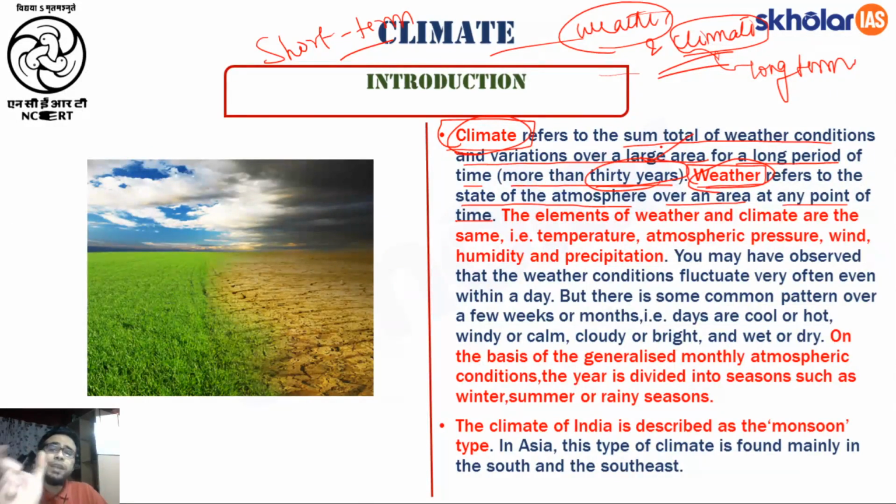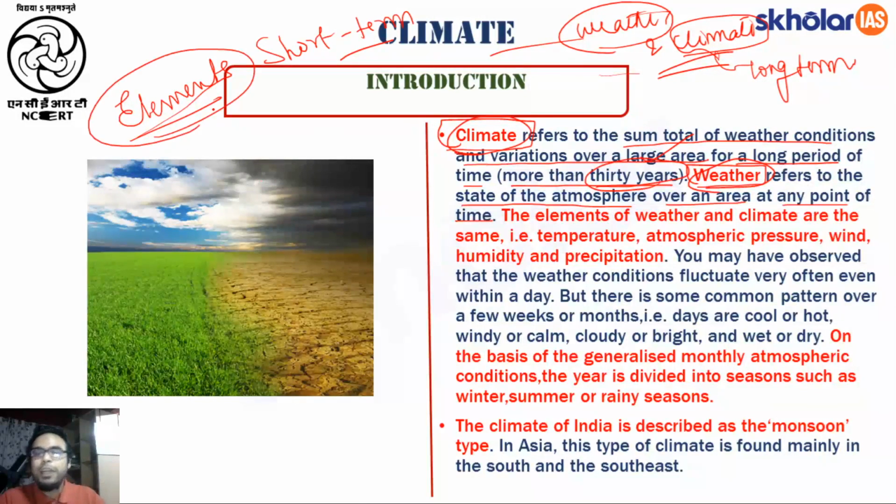Now how do we determine the climate and weather of a particular place? We can determine it by understanding the elements of weather and climate. So we judge weather and climate based upon different elements, and the elements of weather and climate are the same.